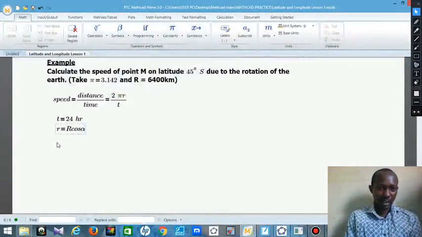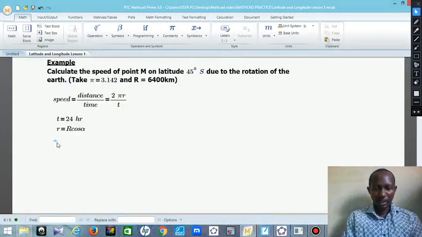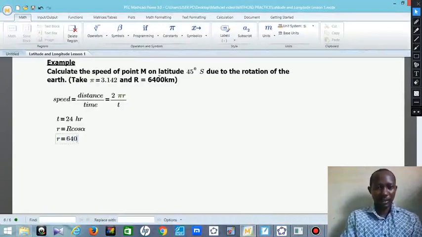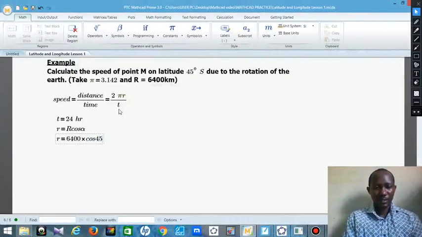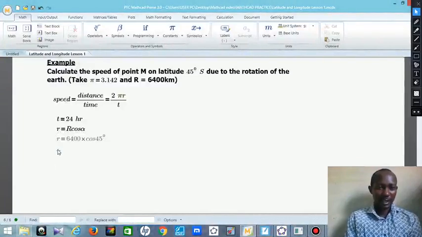So r is equal to capital R, which is given as 6,400, multiplied by cos 45 degrees.